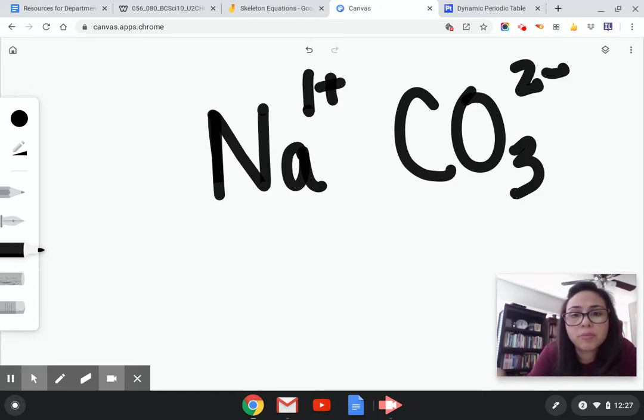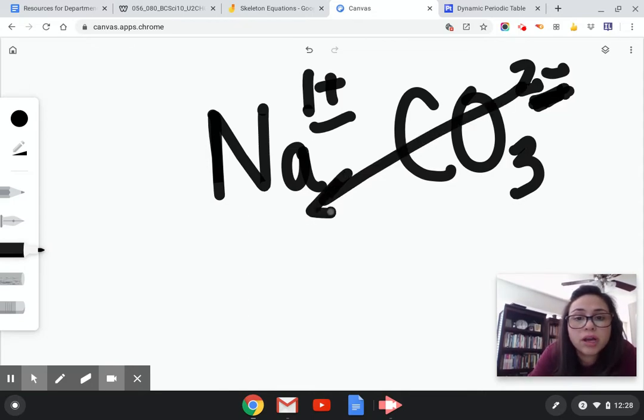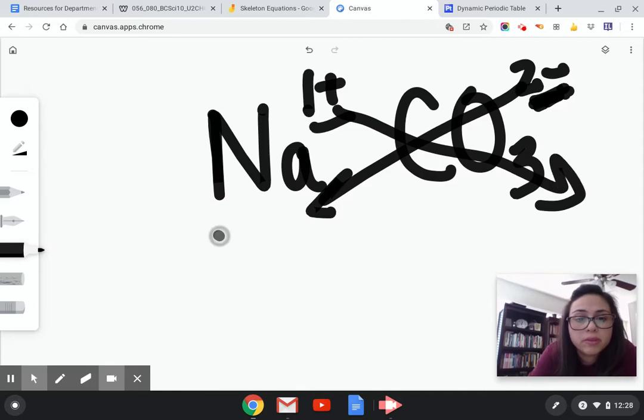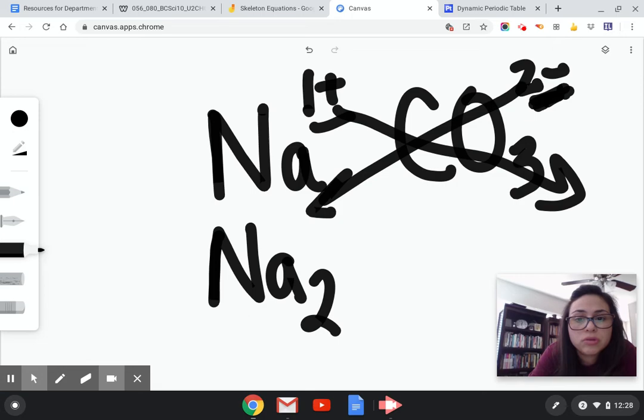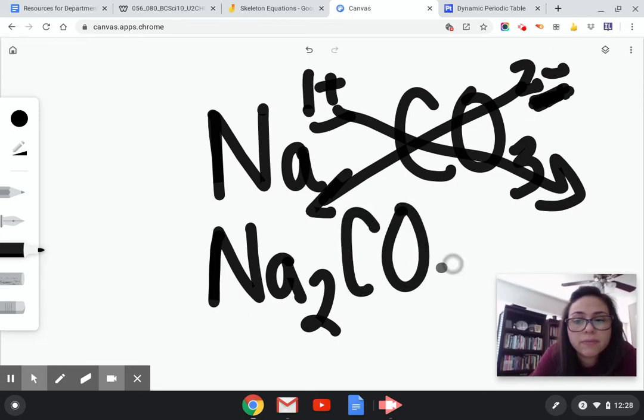It's the charges up here again, it's not the 3 down here. It's the charges up there that we want to cancel out for them to form the bond. So we have to crisscross in this particular problem. So we're going to go Na, that's going to bring down that 2, and then that's CO3. Okay, so that's sodium carbonate.